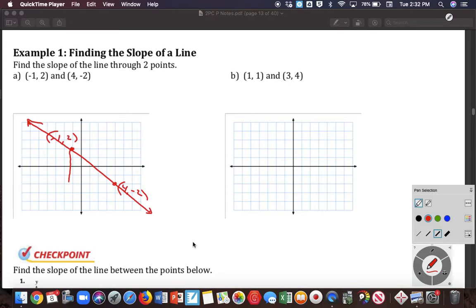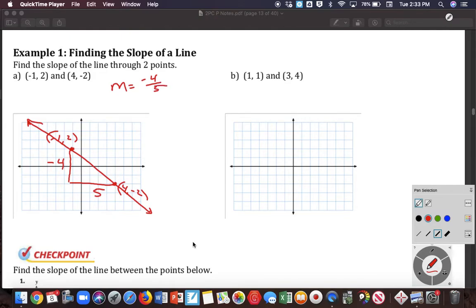It goes 4 units down every time it goes 5 units to the right, okay? And that's a determination of its slope. So the slope for this particular line, we call this M, is -4/5.